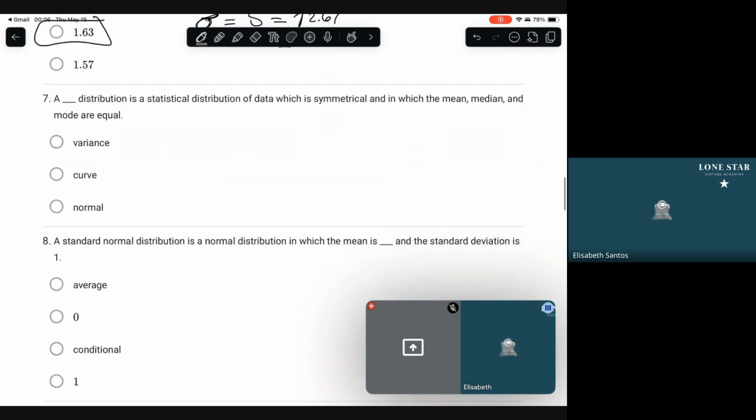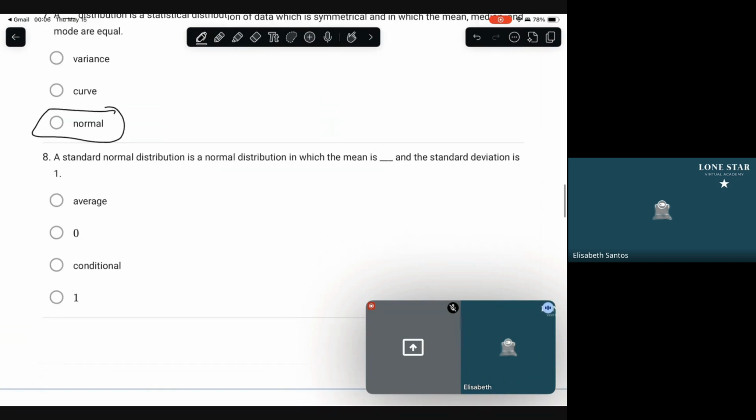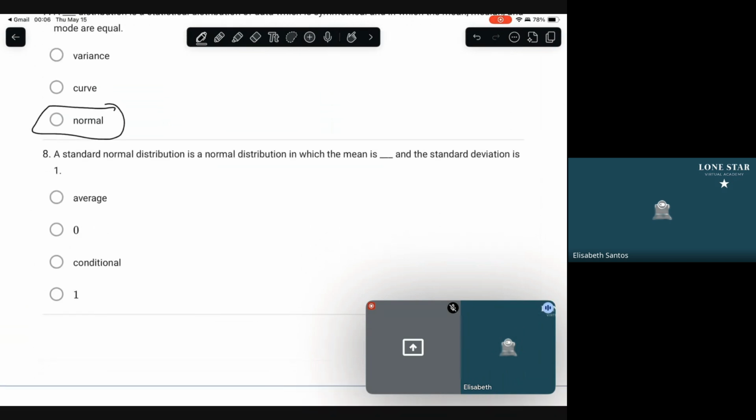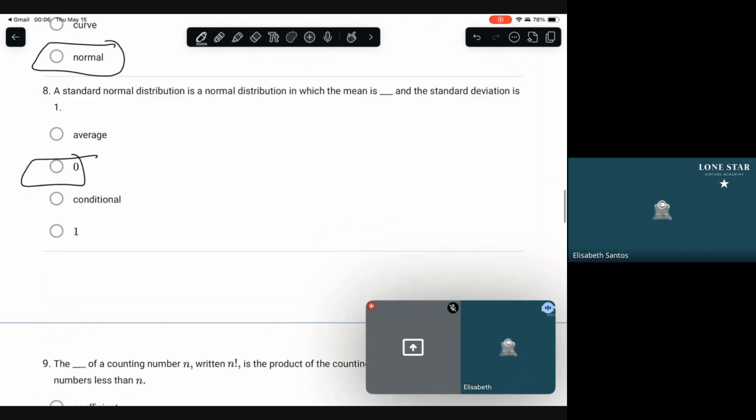Okay, so here's another definition. A blank distribution is a statistical distribution of data which is symmetrical and in which the mean, median, and mode are equal. And that's called the normal distribution. Number 8, a standard normal distribution is a normal distribution in which the mean is 0 and the standard deviation is 1.